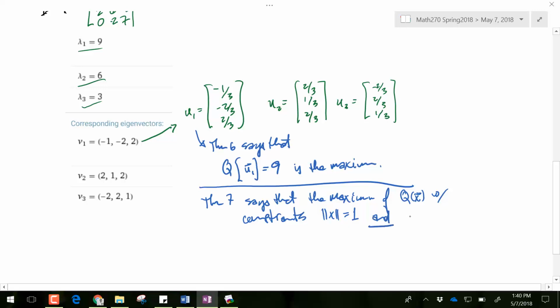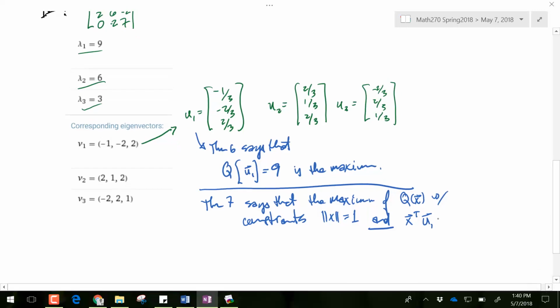And this and part essentially eliminates the first eigenvalue out of the picture. And so what they're saying here is the next maximum is going to be the quadratic form Q evaluated at the vector U2, which, if you put this back into the original equation, you should get positive 6.